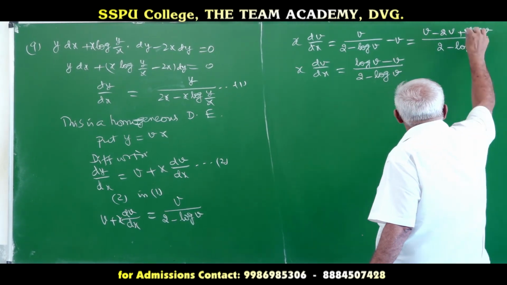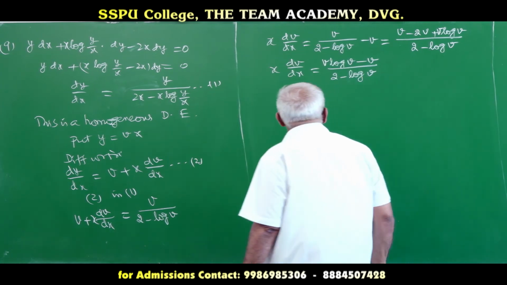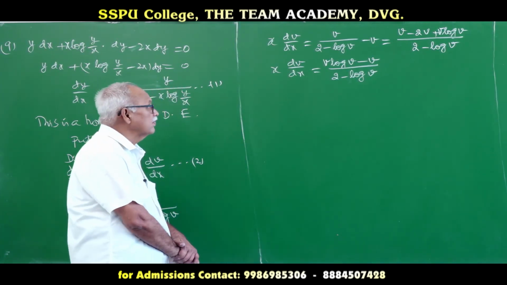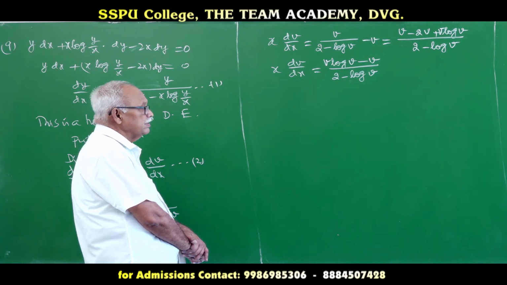Here v is there, so v log v. So v is multiplied by 2, minus 2v, plus v log v.